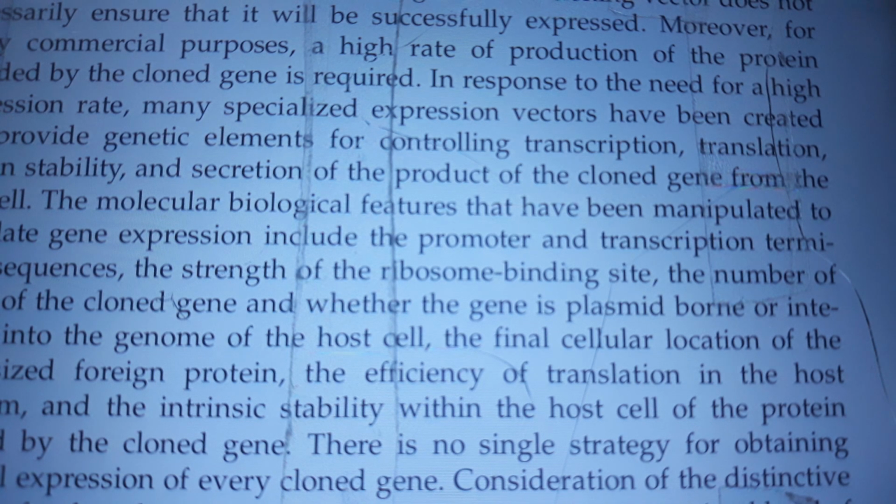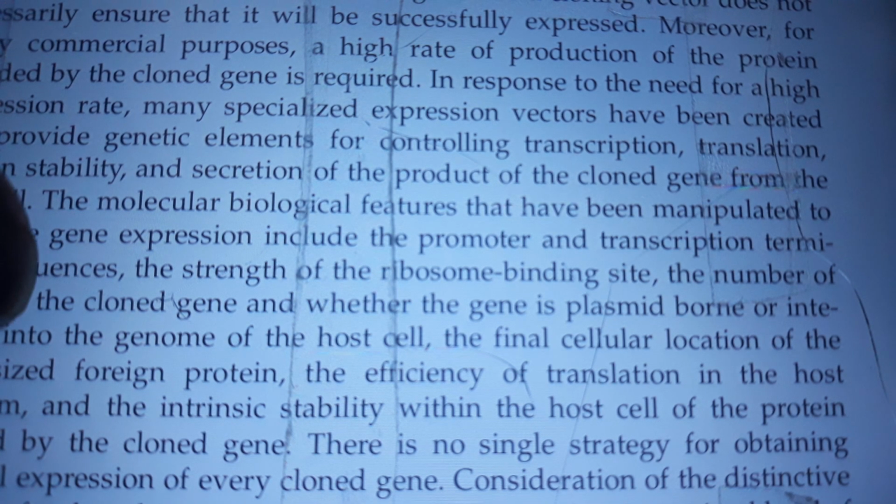In response to the need for a high expression rate, many specialized expression vectors have been created that provide genetic elements for controlling transcription, translation, protein stability, and secretion of the product of the cloned gene from the host cell.